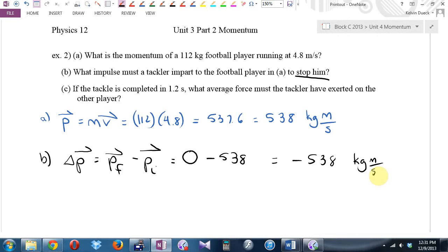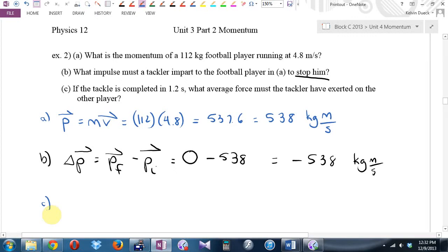Is that all right? What's C asking me to find? Average force. What else did they give me in part C? What is that, 1.2? And a one-word answer begins with the letter T. Is there an equation that has change in momentum and force and time in it?